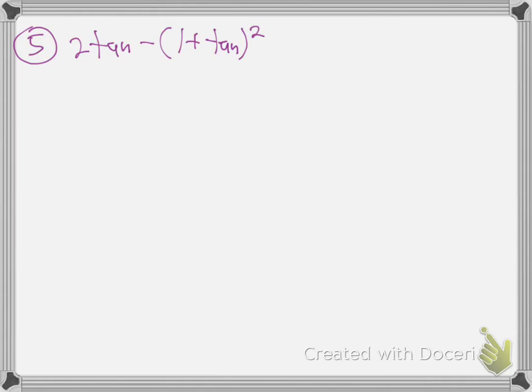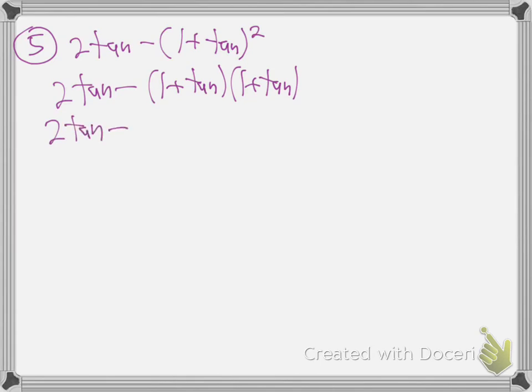FOIL. Yeah, write 2 of them and FOIL, huh? So let's write 2 of them and FOIL. Now careful, when you FOIL, I would keep that parenthesis there.